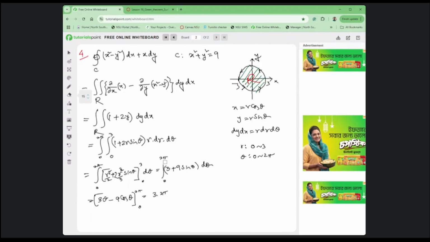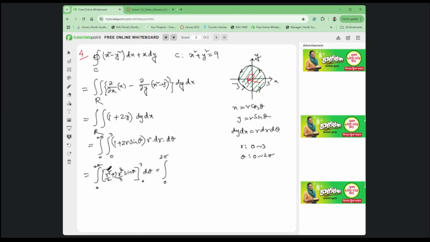We'll see a different result here. There is 9 by 2 plus 2 by 3, 18 sin theta d theta.